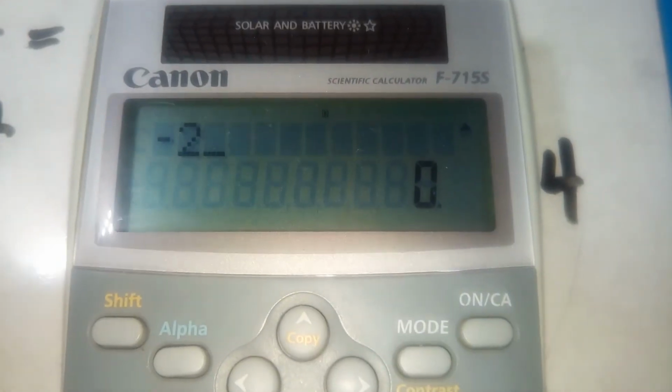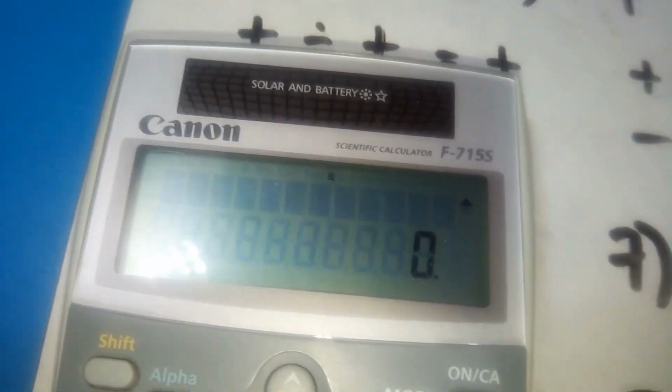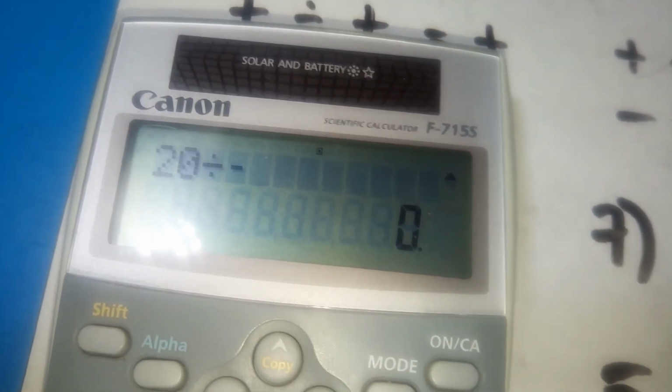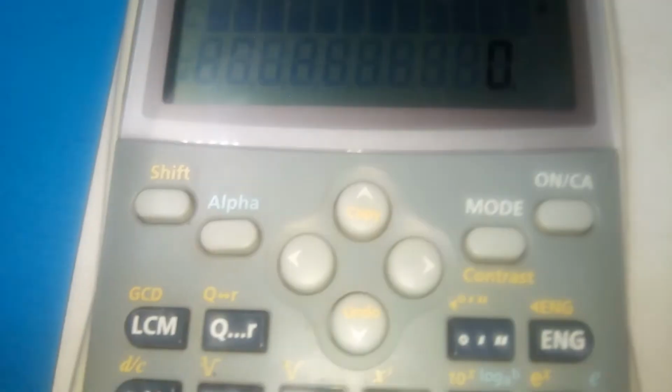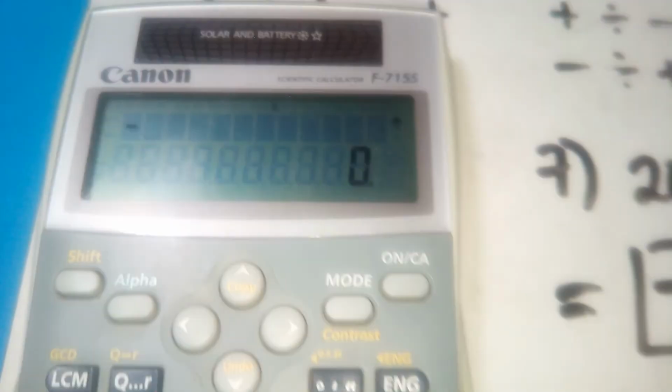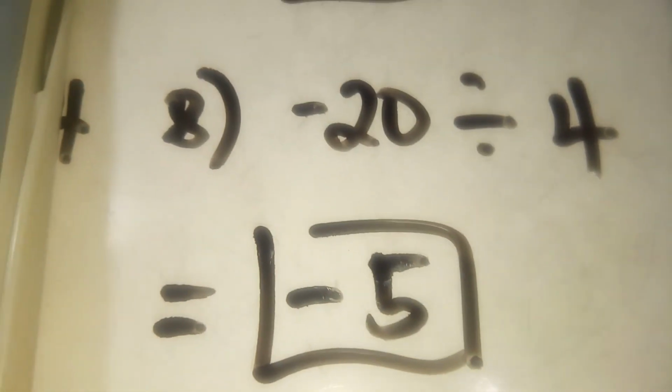How about a negative 20 divided by negative 4? The result is also positive. How about 20 divided by negative 4 equals negative 5. And the last one, negative 20 divided by 4 equals negative 5. So it's the same.